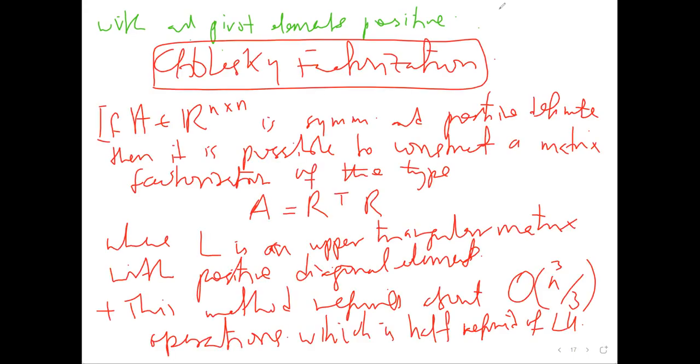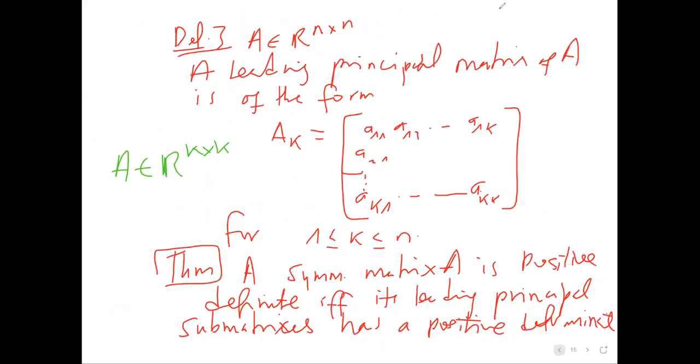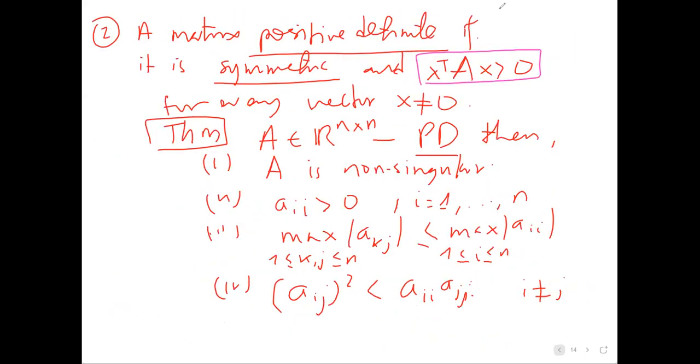So first, you must not forget: if I give you a matrix, you must be able to check if it is symmetric positive definite. Maybe one other thing I forgot was to talk about semi-definite. So let me add it here.